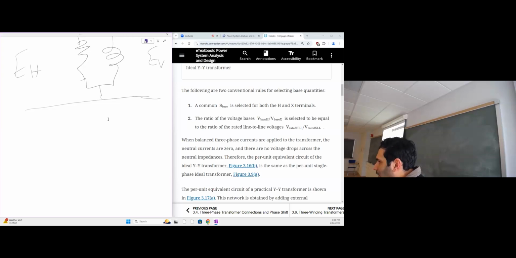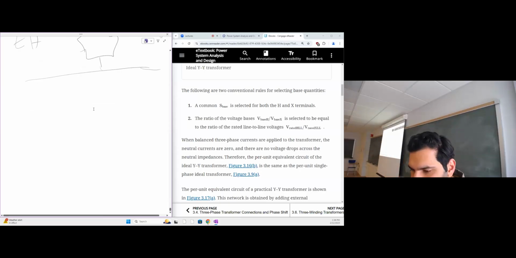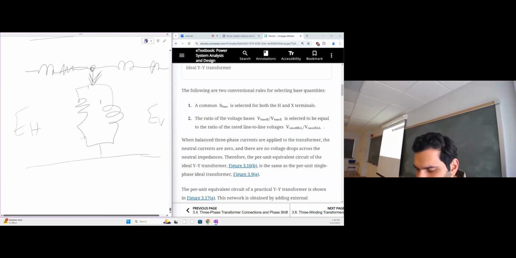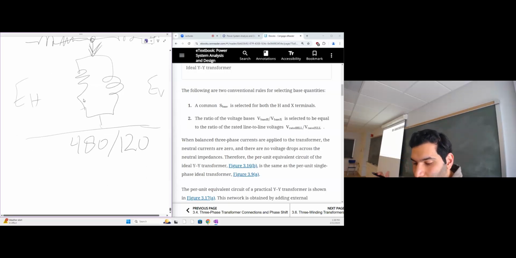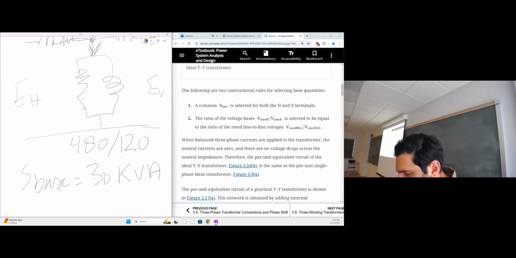the ratio. So let's say in this graph here, the ratings are 480, 120 for this transformer. And S base, I told you, should be 30 kVA. So what would be the numbers that I need here?